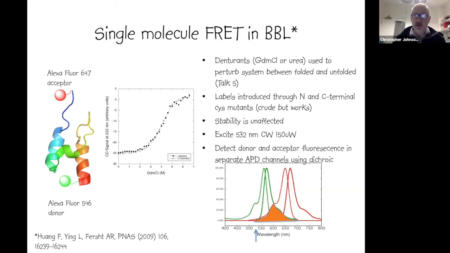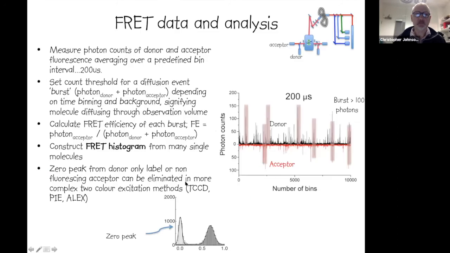One of the things that we confirmed initially was that when we made labeled and unlabeled material, the stability of the material, as assessed here using a denaturation curve with guanidinium hydrochloride, was identical.